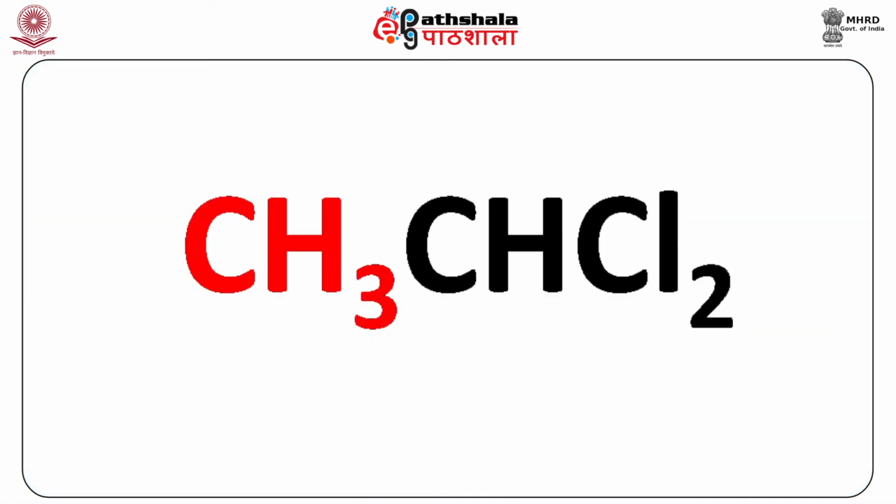In the case of CH3CHCl2, there are 2 different chemical shifts for the hydrogen nuclei in this compound. The n+1 rule will tell us that for the methyl group, the single hydrogen nucleus in the adjacent CHCl2 group will split its signal into a 1:1 doublet, that is 2 equal peaks.